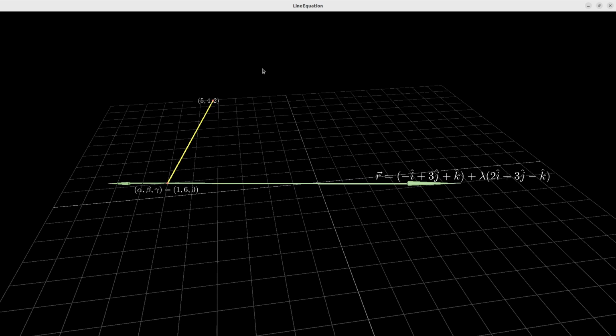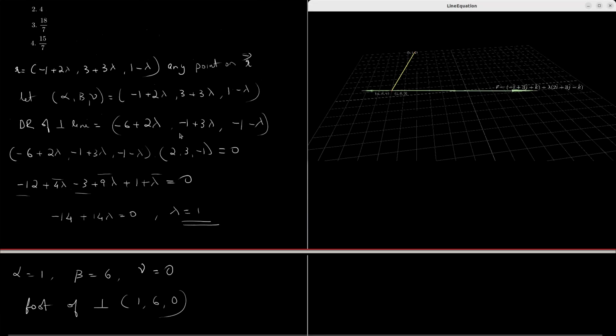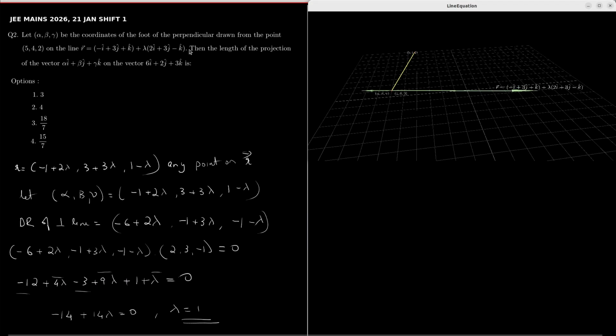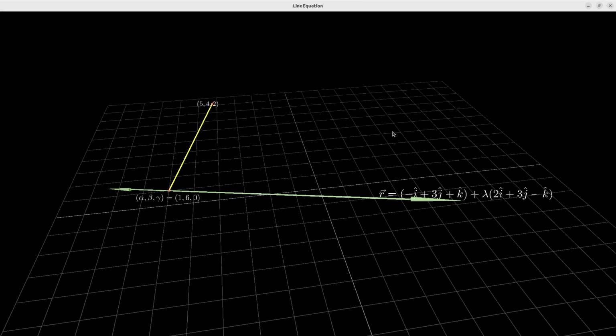Now we will proceed to the second part. Let's go back to the question. The second part is the length of the projection of the vector alpha i plus beta j plus gamma k on the vector 6i plus 2j plus 3k. So we will add the vectors. This is the position vector towards alpha, beta, gamma, and this blue vector here is alpha i plus beta j plus gamma k. Let us add the second vector.